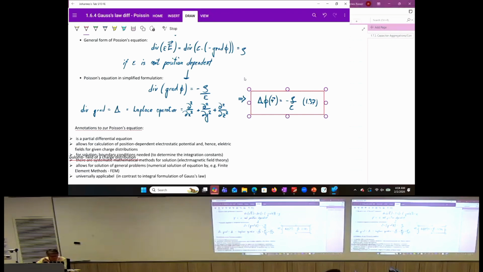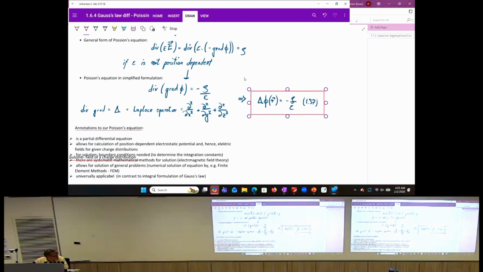And if you want to solve it, then you need, of course, boundary conditions. And then you can find some systematic mathematical methods for this solution that you find in electromagnetic field theory. And also, for very general problems, you can then find numerical solutions.